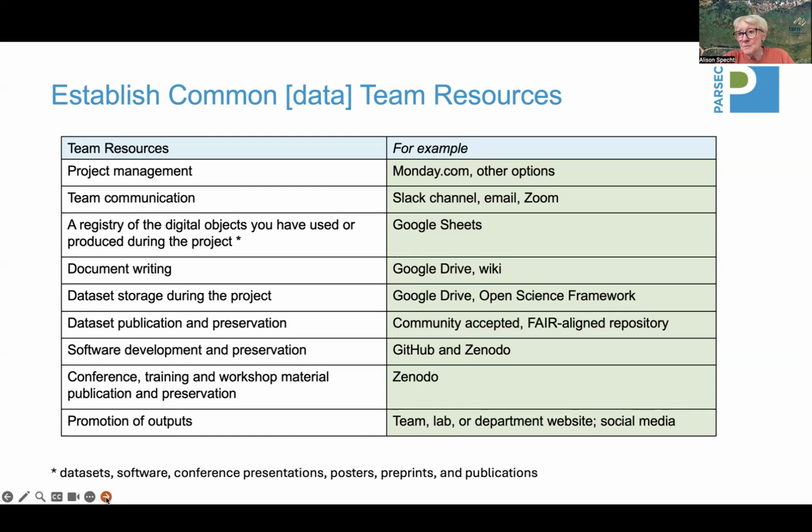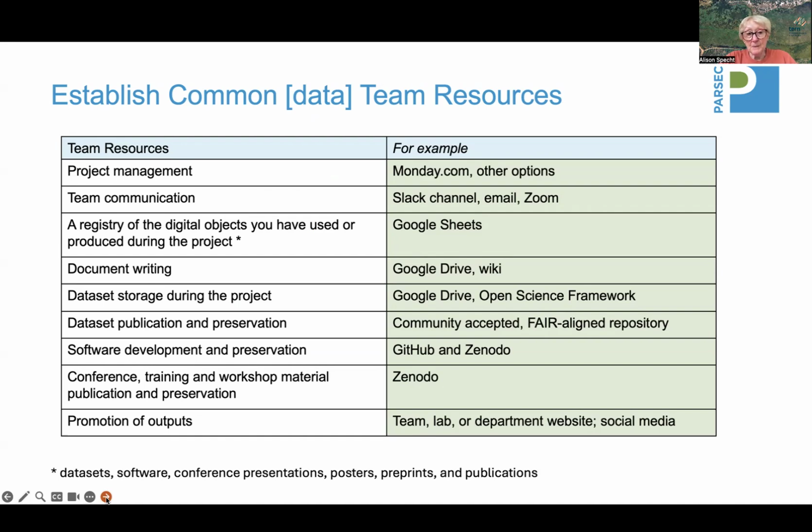Most people like Zoom. Some, of course, lots of other people use different options than Zoom. We used Google Sheets to provide our registry. Document writing, we used Google Drive and Wiki. Dataset storage, you could think about Google Drive, which does have a lot of informal storage. Open Science Framework, which can feed into it, is another option.